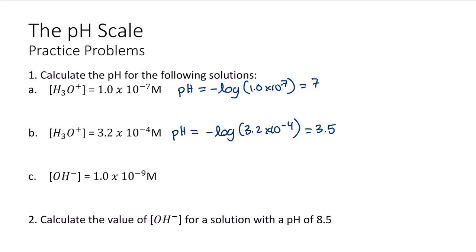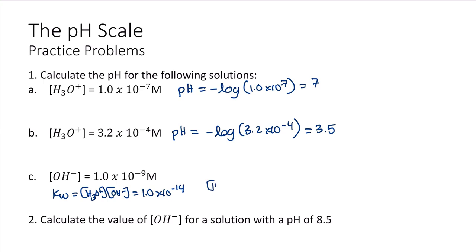In C, you need to be very careful because notice we don't have the concentration of hydronium ion, we have the concentration of hydroxide. That means I need to calculate the concentration of hydronium ion before I can plug it into my pH equation. So just like we did previously, I can use Kw is equal to the concentration of hydronium ion times the concentration of hydroxide, and that is equal to 1.0 times 10 to the negative 14.